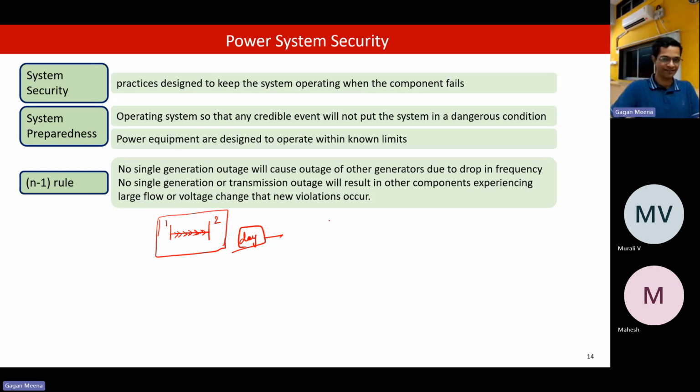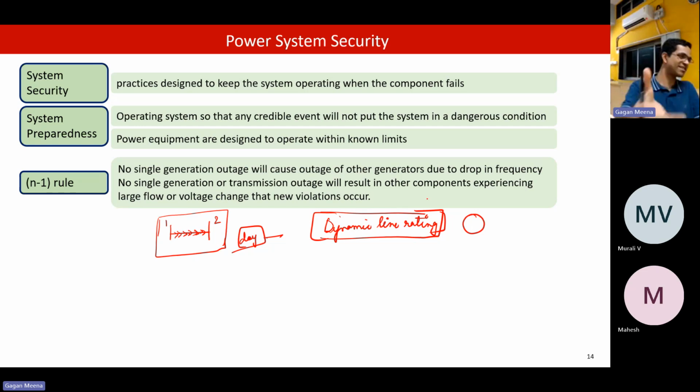That is why some companies are trying to do dynamic line rating. They have come up with some devices also.